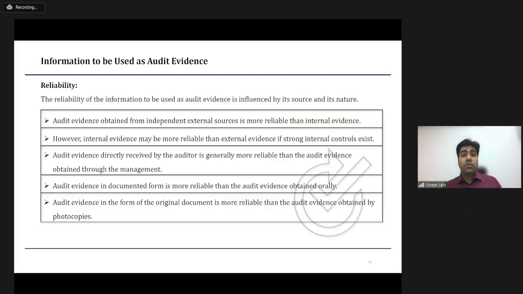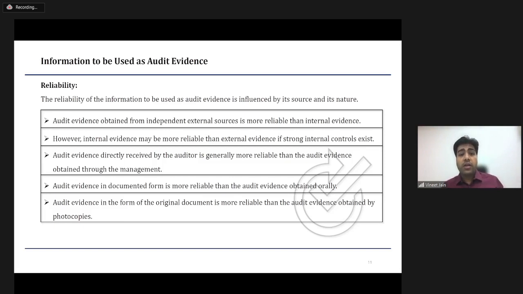In order to be reliable, the audit evidence is influenced by its source and its nature. So reliability depends upon the source and the nature of the information. For example, audit evidence obtained from independent external sources is more reliable than internal evidence.